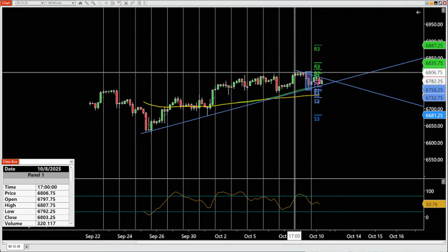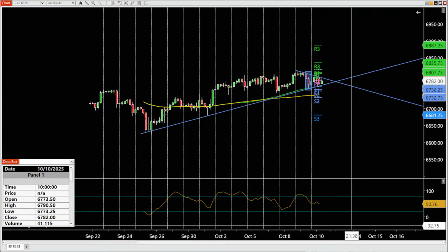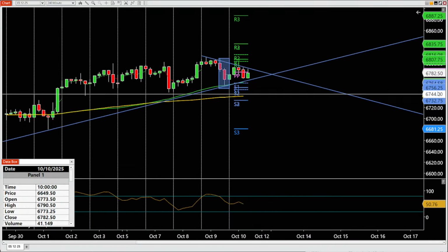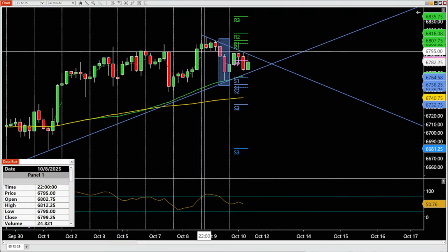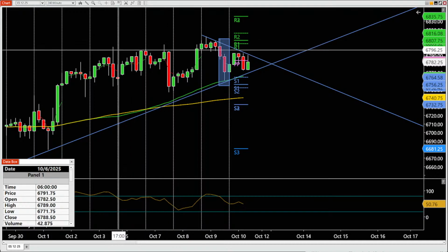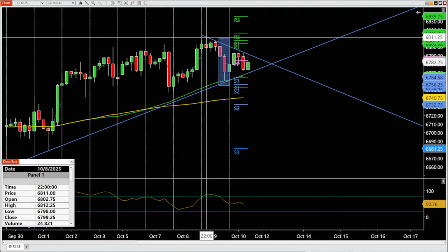And we keep testing at 68 and pulling back in. Keep poking out, but getting rejected.